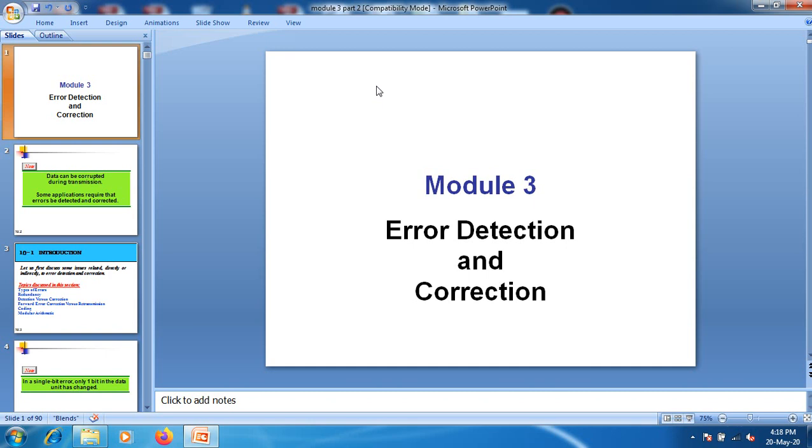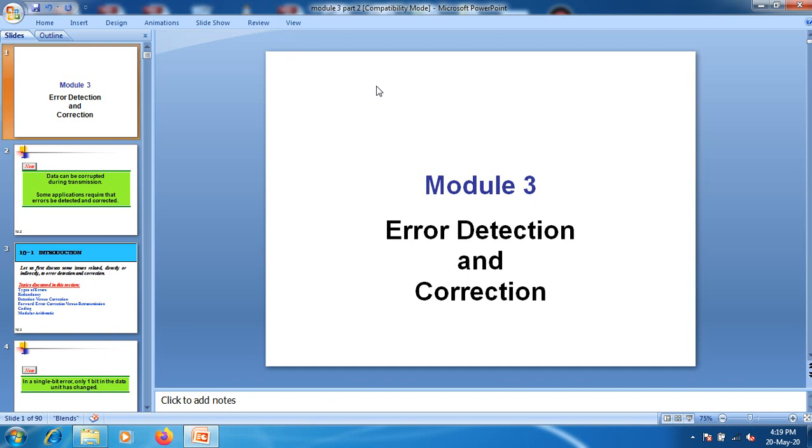In this session, we are going to discuss error detection and correction. We have already discussed the OSI reference model. When it comes to the data link layer, we have already gone through its functionality. The data link layer transforms the raw physical layer into a reliable link.